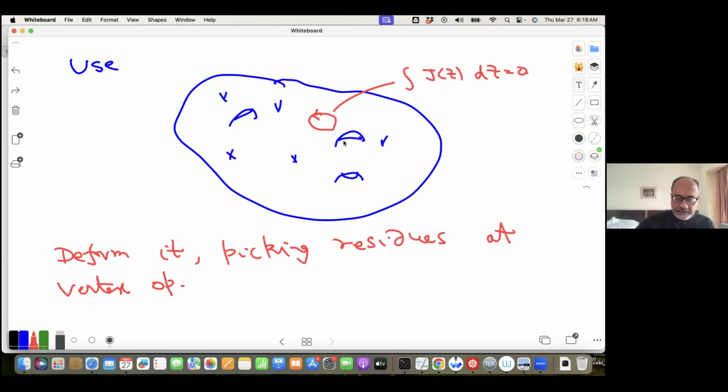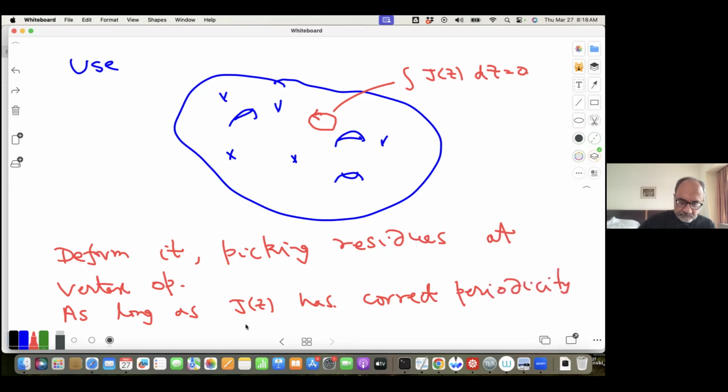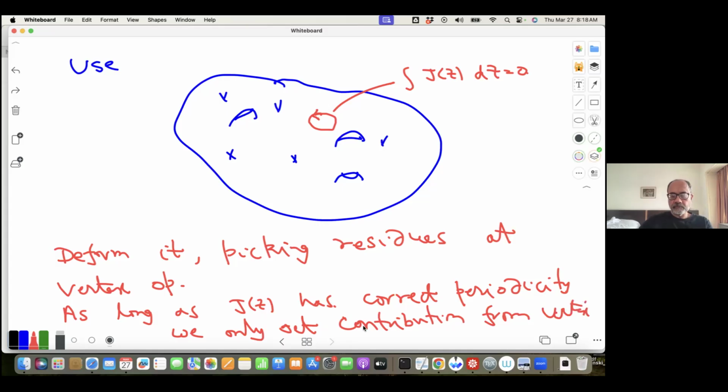But as we had discussed once, as long as J has the correct periodicity, we only get vertex contributions.